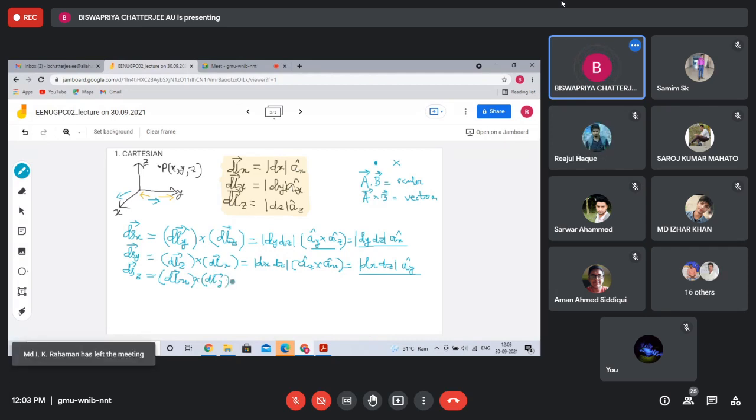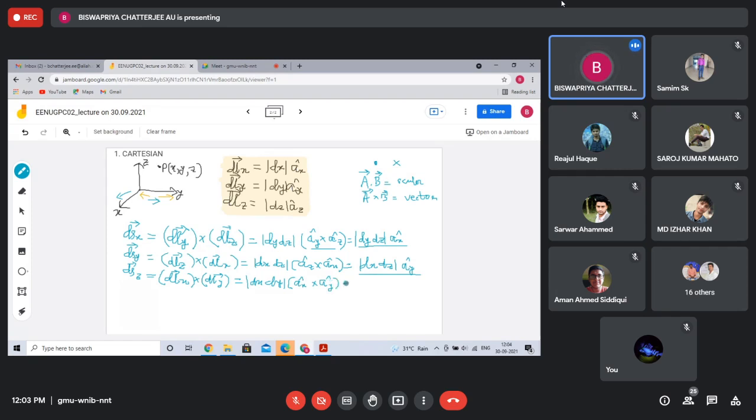Magnitude wise it is dx dy, and the unit vector part is ax cap cross ay cap.